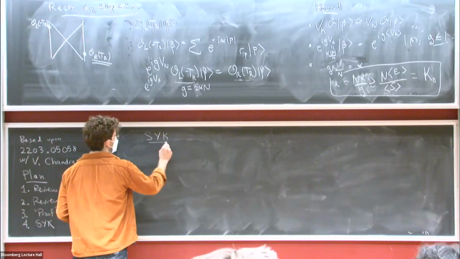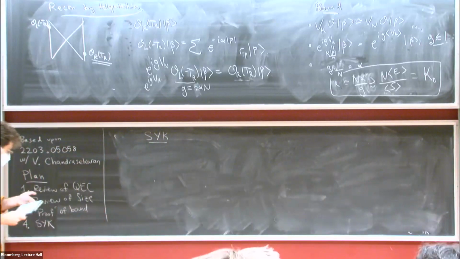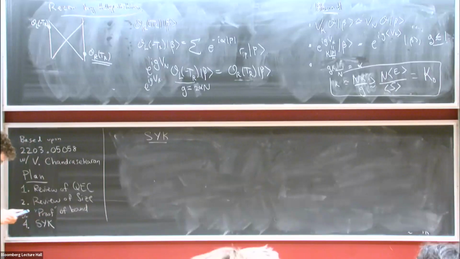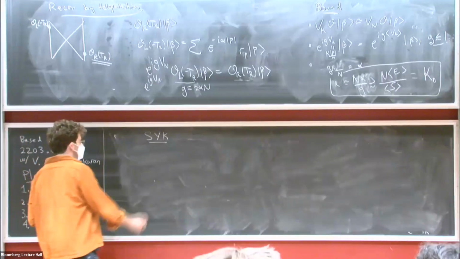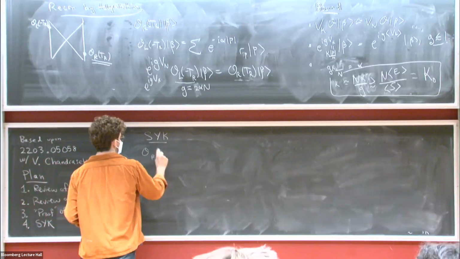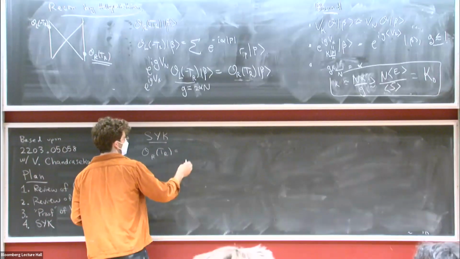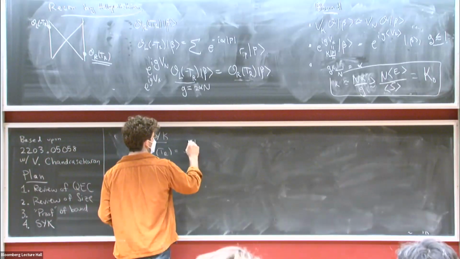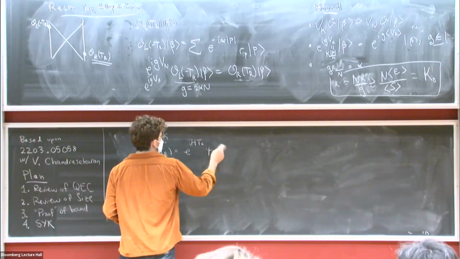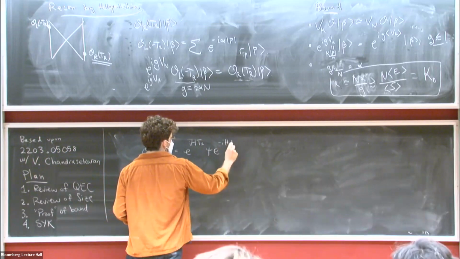Okay, let me talk about SYK briefly. In the context of SYK, what Ben and I did was we considered OR to just be time evolution of a single fermion.